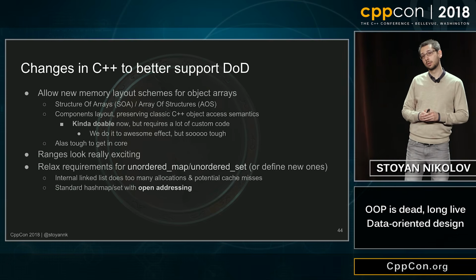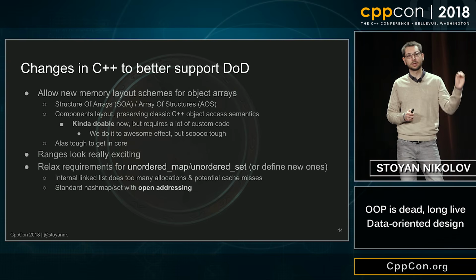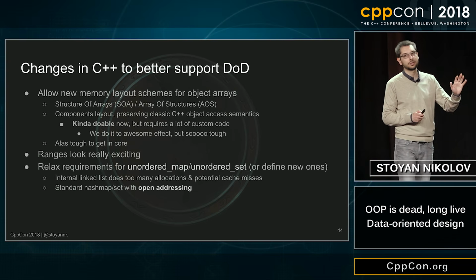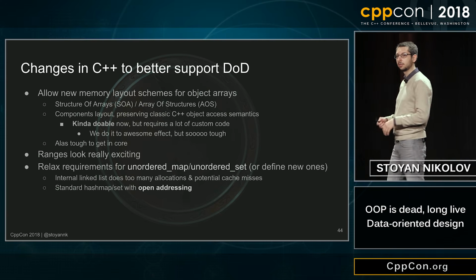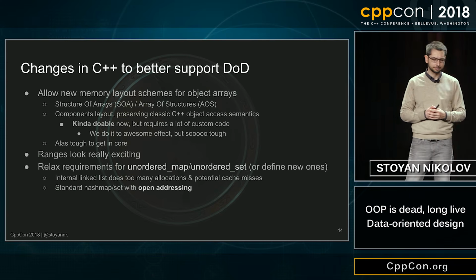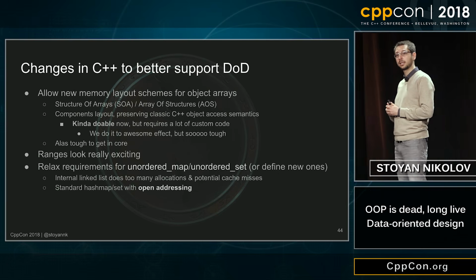And this is actually doable in C++. And I'm talking about doing it without a pointer indirection, because if you do it with pointer indirection, it's very easy. But it requires a lot of custom code, and it's a bit of a mess. For me, the ranges proposal looks very exciting.